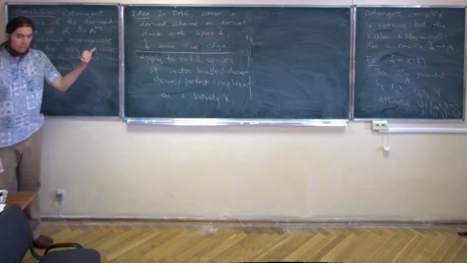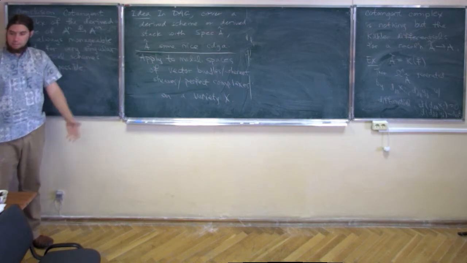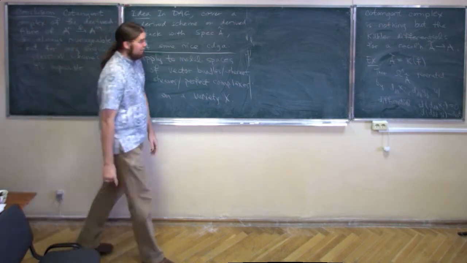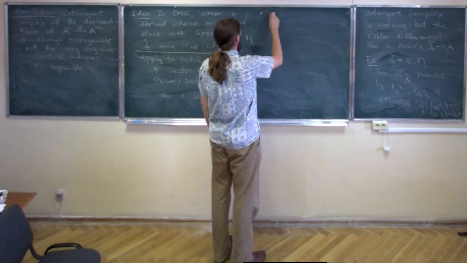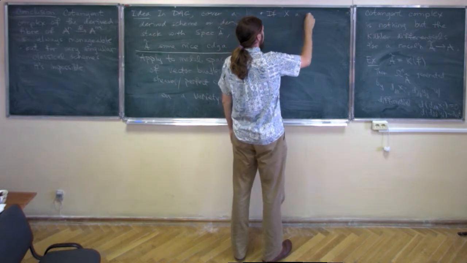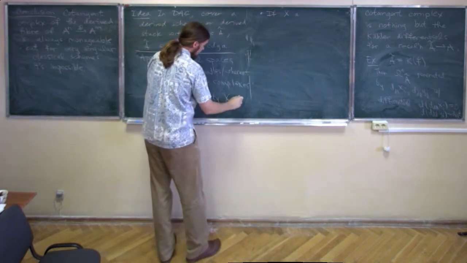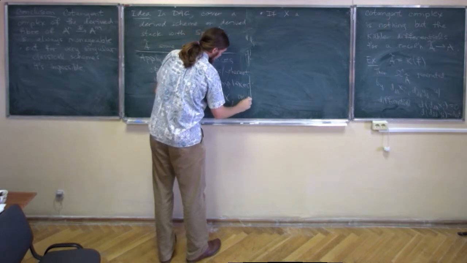And I want to look at 3 examples of increasing complexity. So X is a curve, X is a surface, X is a threefold. And so if X is a curve, here let's say variety X is smooth and projective.